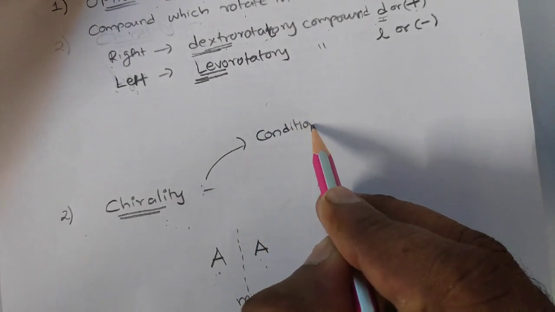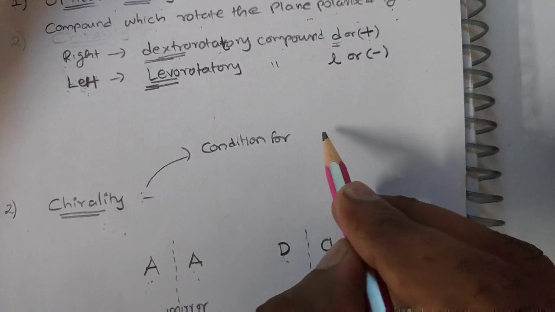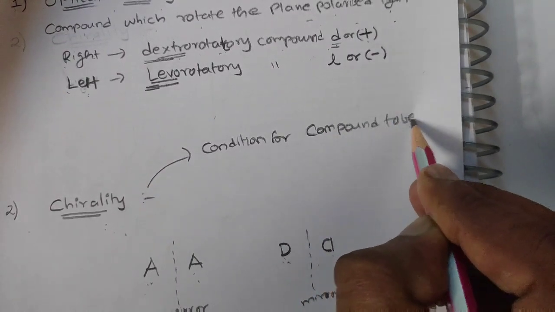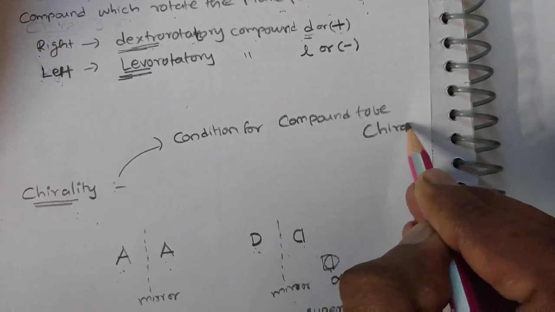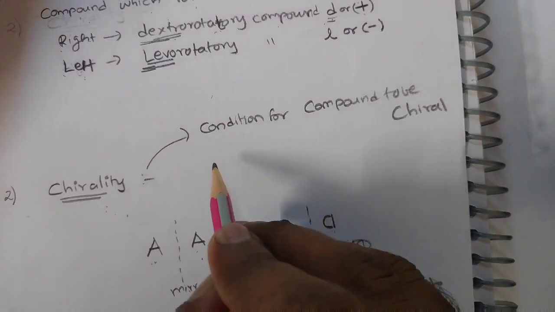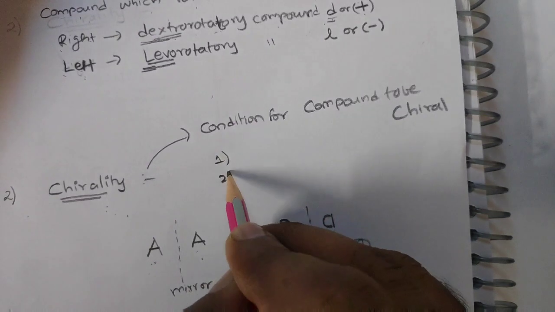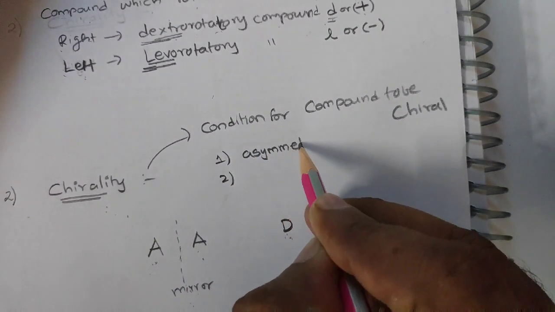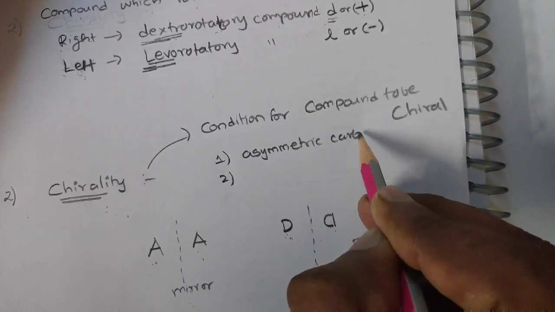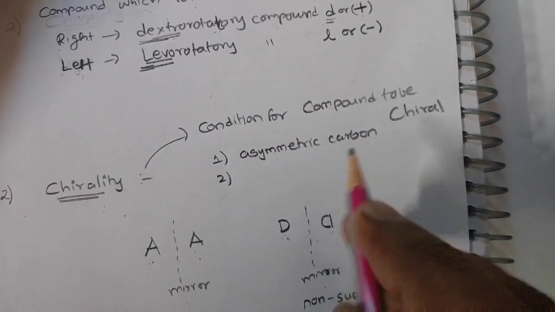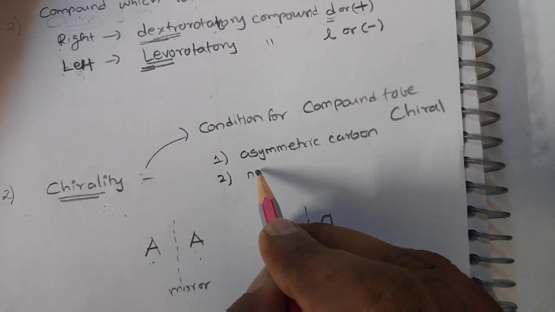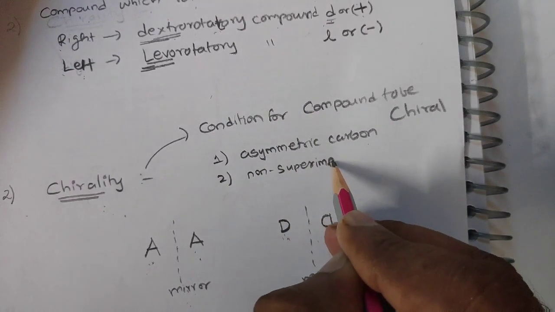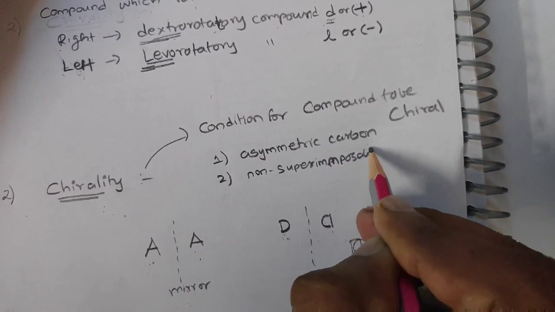Conditions for a compound to be chiral. The first condition is it should contain an asymmetric carbon. Asymmetric carbon means all the substituents must be different. And second condition, non-superimposable.